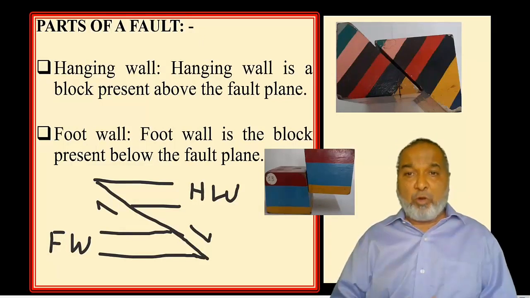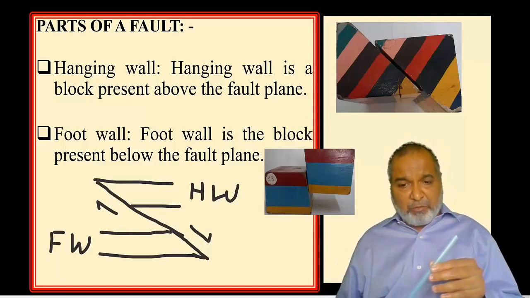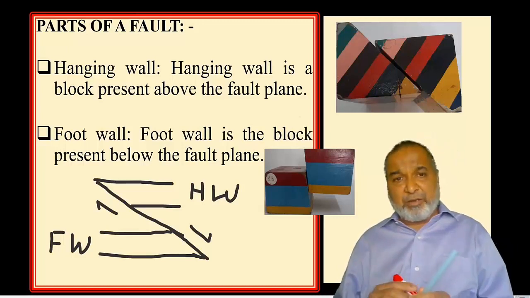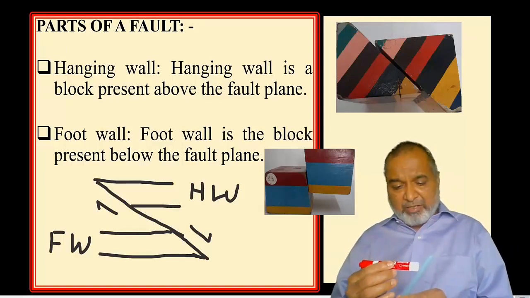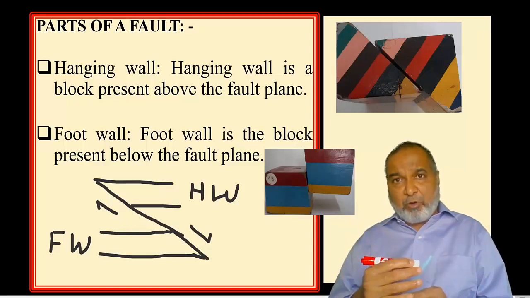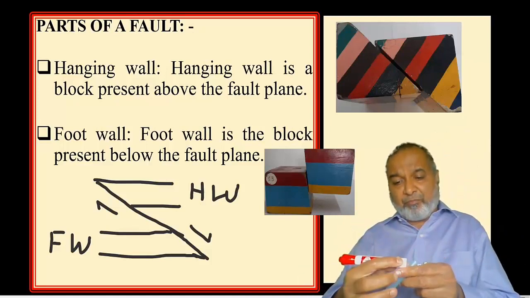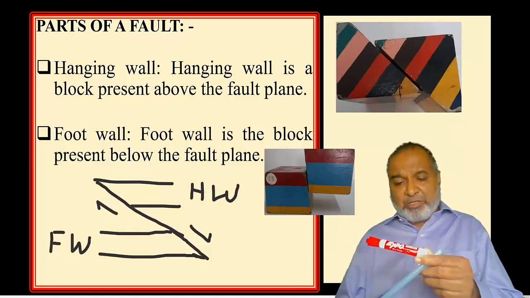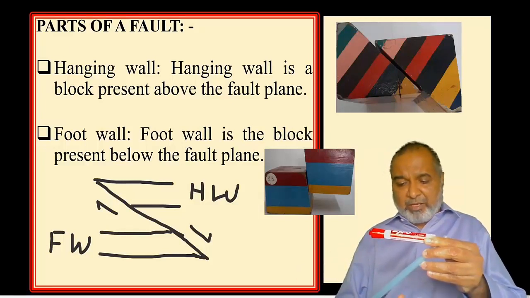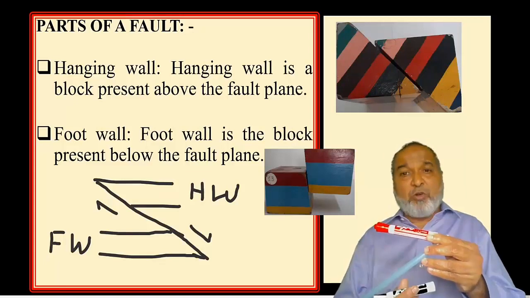Next one, hanging wall. Above the fault plane, whichever block is there, assume this is the fault plane and this is your block. This block will be called the hanging wall. The block which is present on the lower side of the fault plane, below the fault plane, is called the footwall.